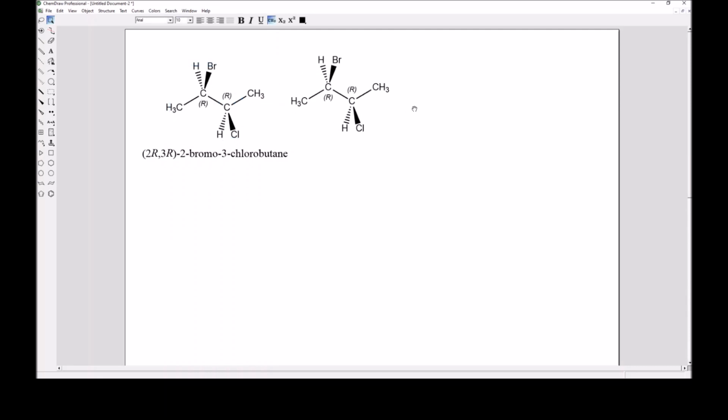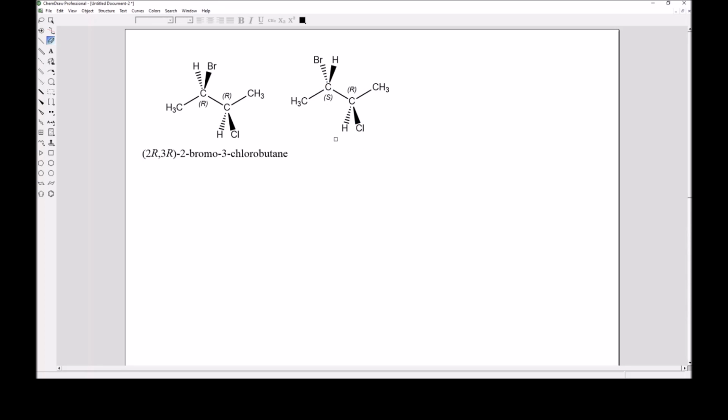Now, in order to draw another stereoisomer of this same compound, all we need to do is grab one or both of these chiral centers and simply flip it. So instead of having the hydrogen go back into the plane of the screen and the bromine coming out, we're going to have the bromine going in and the hydrogen coming out.